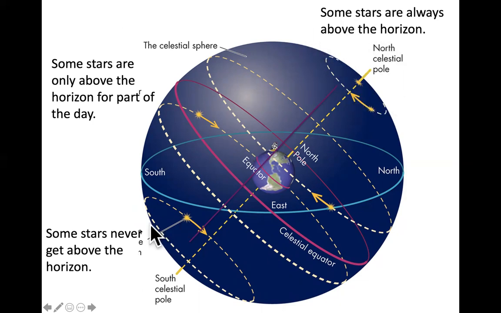There are stars we can never see because they are below the horizon at all times. No matter how Earth spins or how the celestial sphere spins, whichever one you like, they are never above the horizon. They are invisible to us. And there are stars that are sometimes above the horizon.